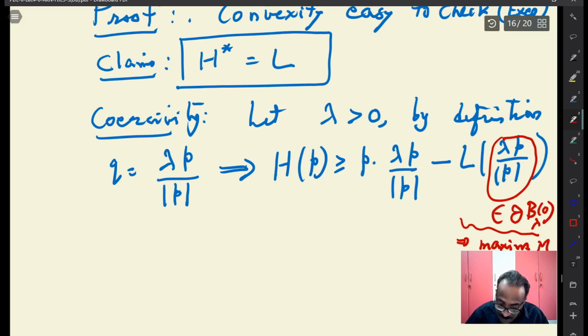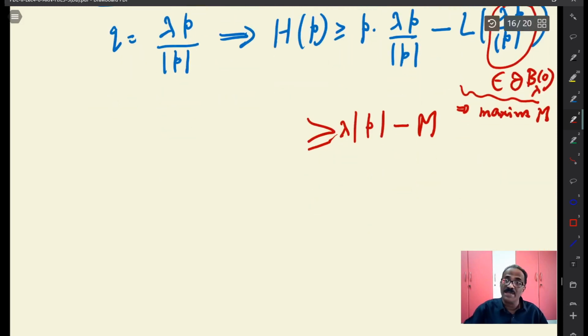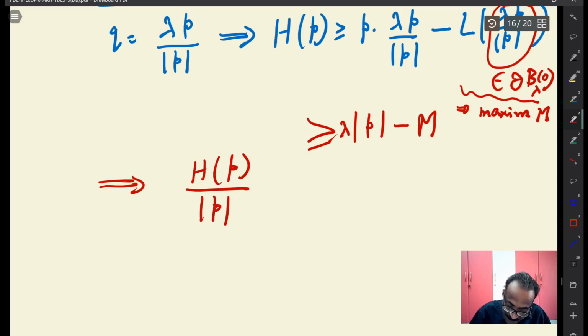Since this is a minus sign, lambda into P is lambda mod P, so you have lambda into mod P minus some fixed constant M, because it is on the boundary of the ball. That implies H(P) by mod P is greater than or equal to lambda minus M by mod P.